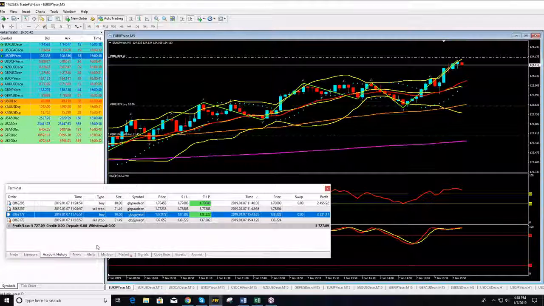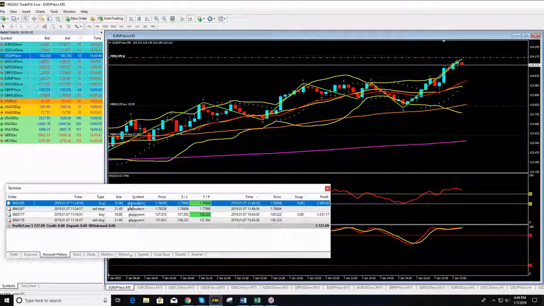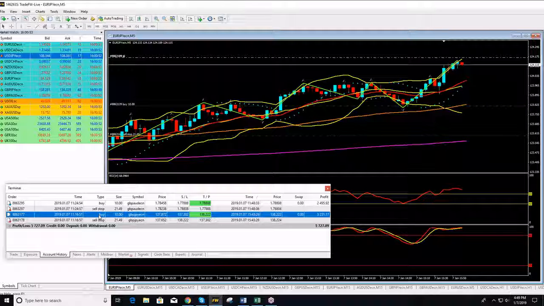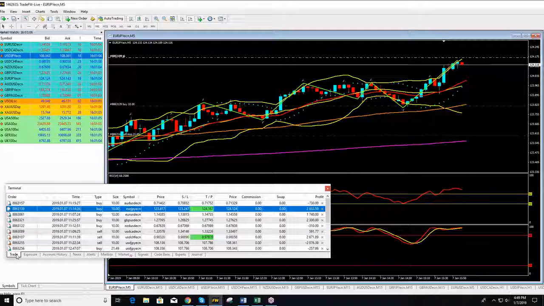So as you can see, we have closed our long position on pound Aussie with a straightforward profit of $2,496, and also we have closed our long position on pound yen, straightforward position with $3,231. Currently I am up for the day $5,727. However, as you can see, some trades are getting closer to hit TPs.